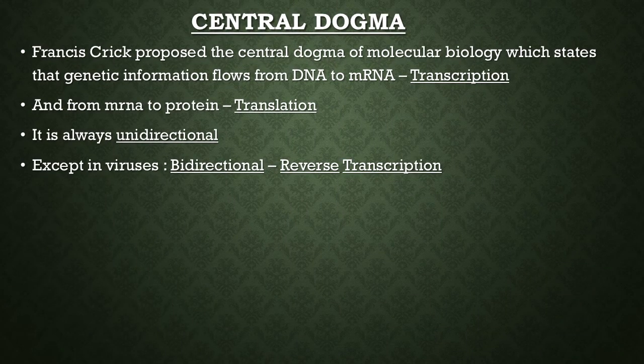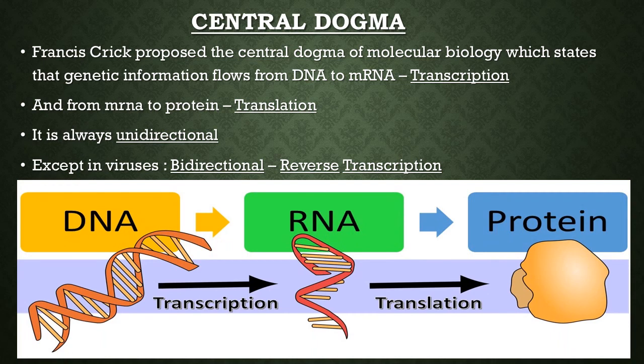Now, let's have a look at the central dogma. Francis Crick proposed the central dogma of molecular biology, which states that genetic information flows from DNA to mRNA by the process called transcription and from mRNA to protein by the process called translation, as you can see in the picture very well.